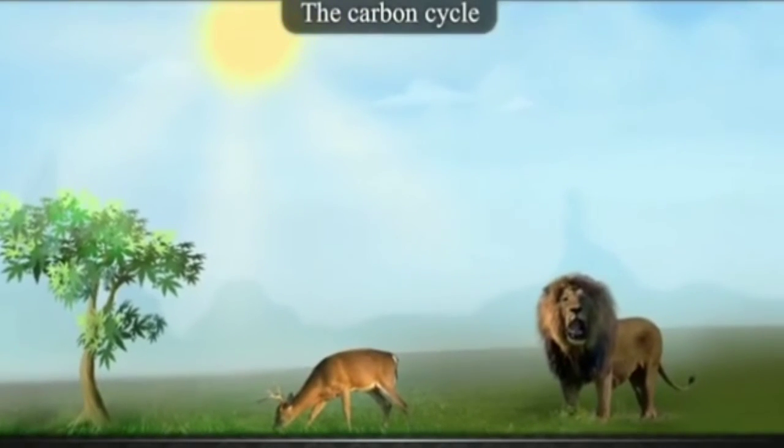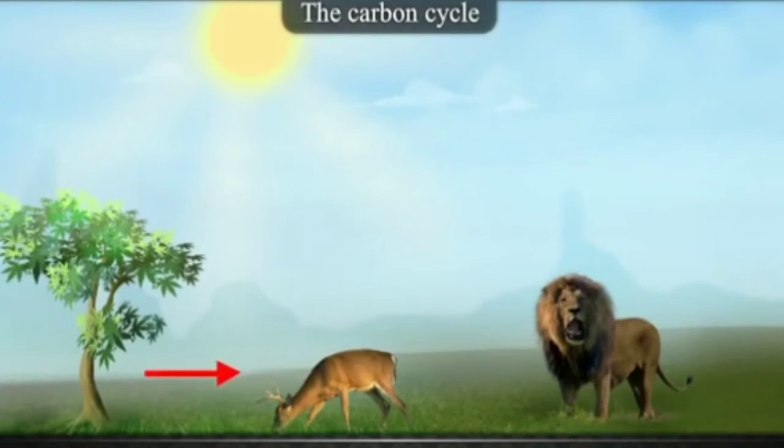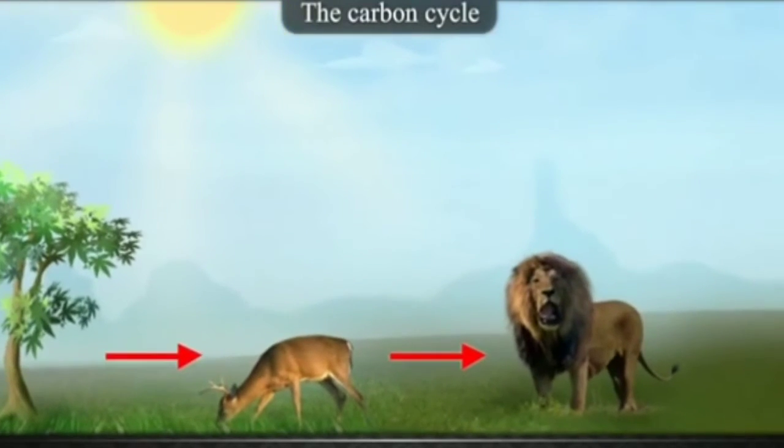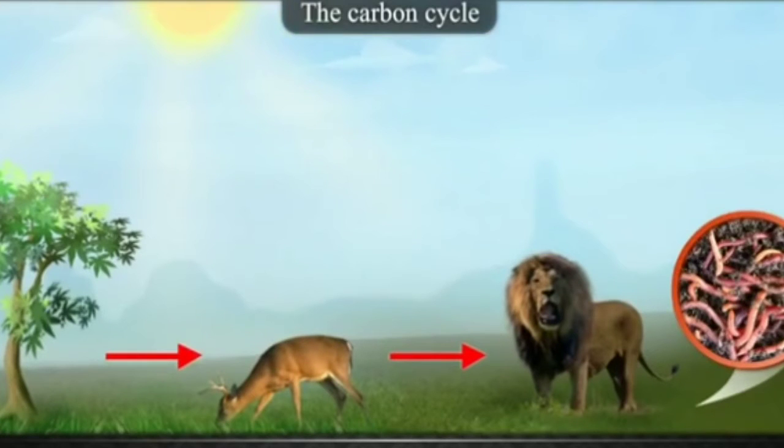Carnivores feed upon herbivores. In this way, biotic carbon is transported from plants to herbivores. Isn't it, children? We have learned this. And then from herbivores to carnivores and from carnivores to the apex consumers.